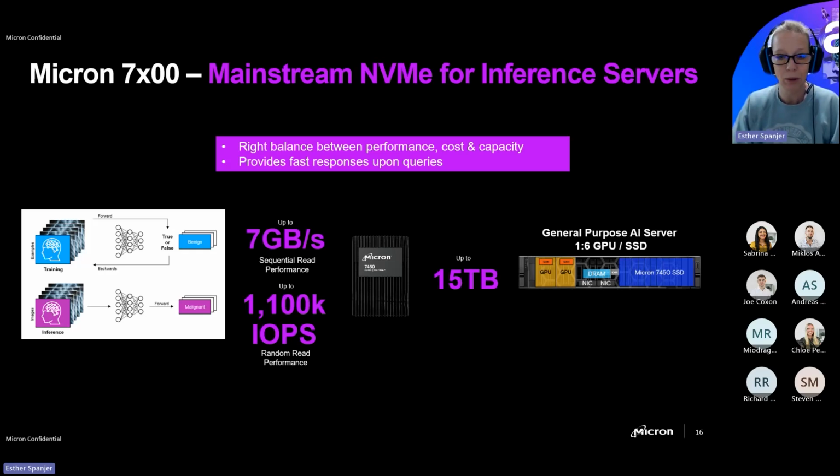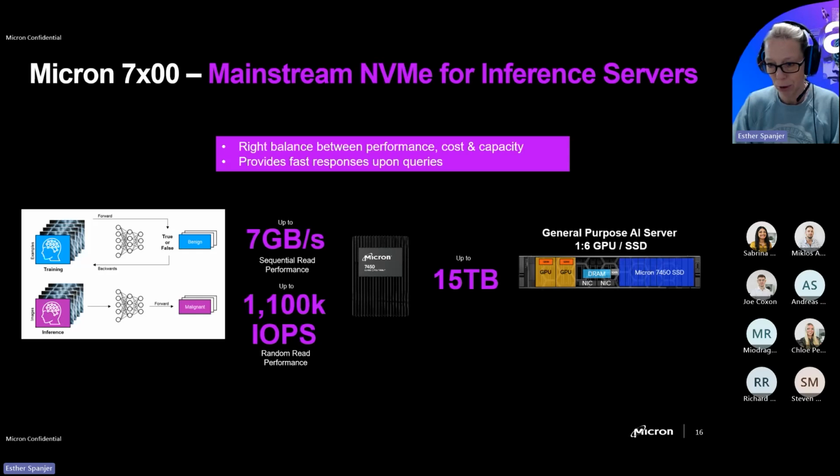So we typically recommend for these implementations our mainstream NVMe, so the 7450, or a newer version that we recently released, the 7500. That NVMe implementation really enables you to get the most optimal cost, performance and capacity balance in your server.